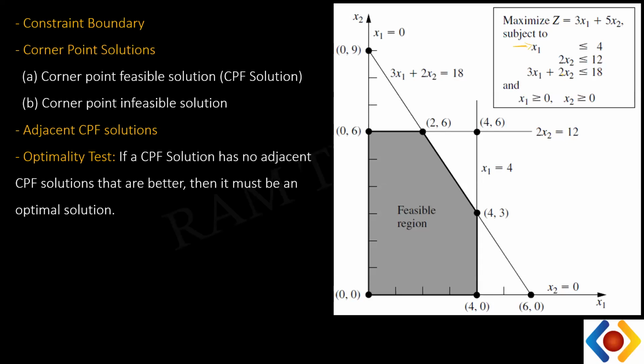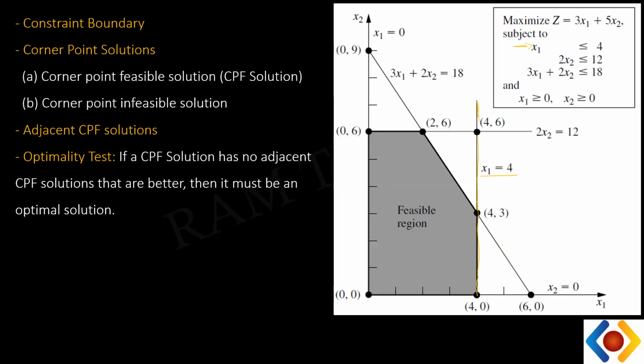What we did was first draw a line for X1 equal to 4. Which one is that line? We see this line here, correct? This entire line we can call the constraint boundary for this first constraint, X1 less than or equal to 4.